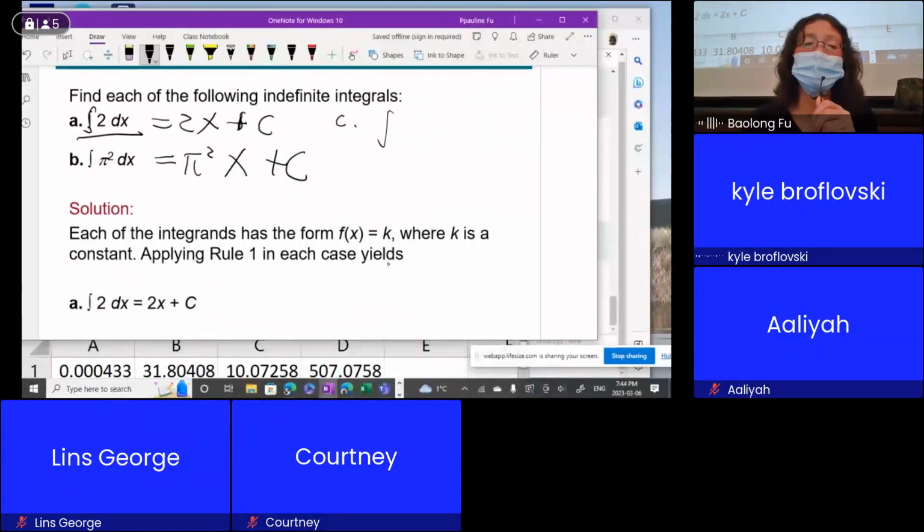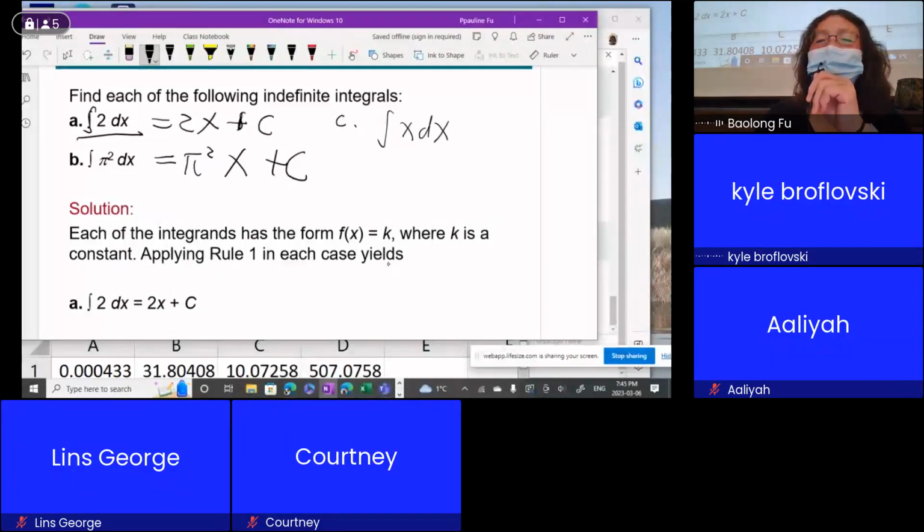This needs a little bit of thinking. The integral of x dx. Which function, when you take the derivative, the result is x? x squared over 4?